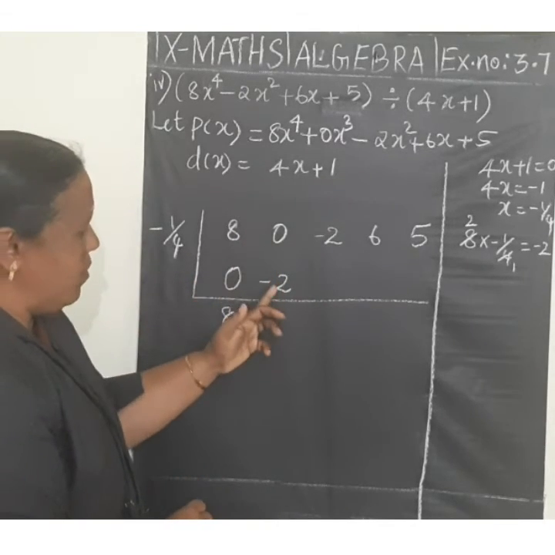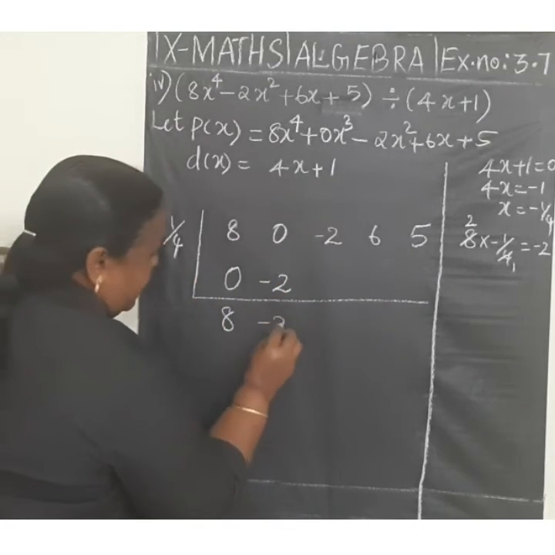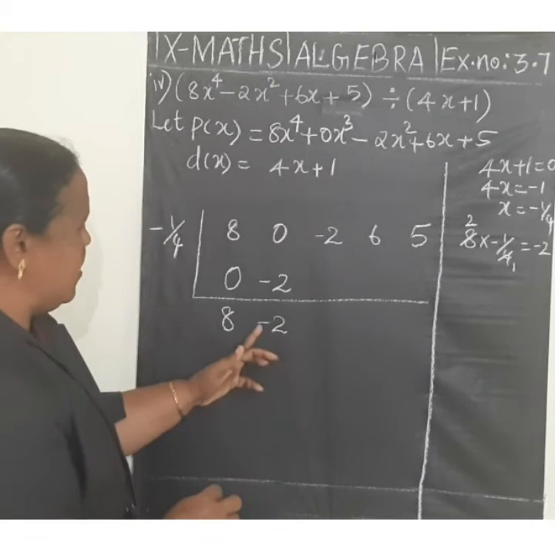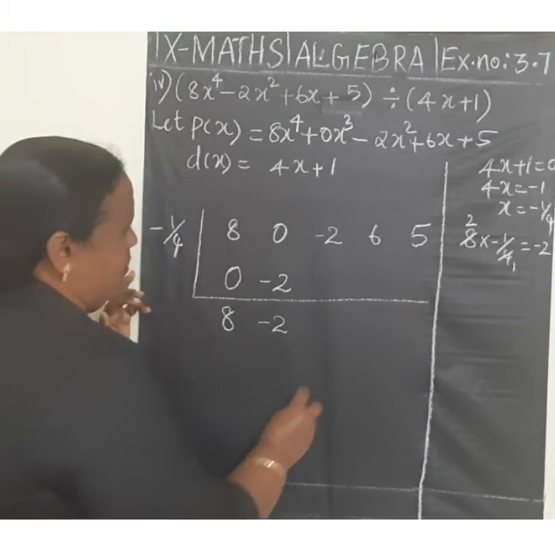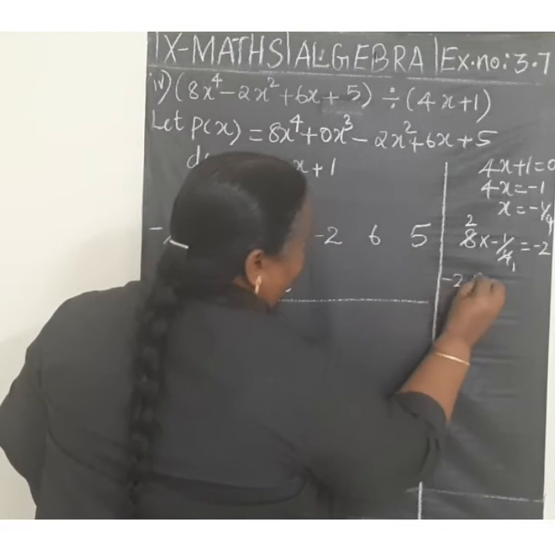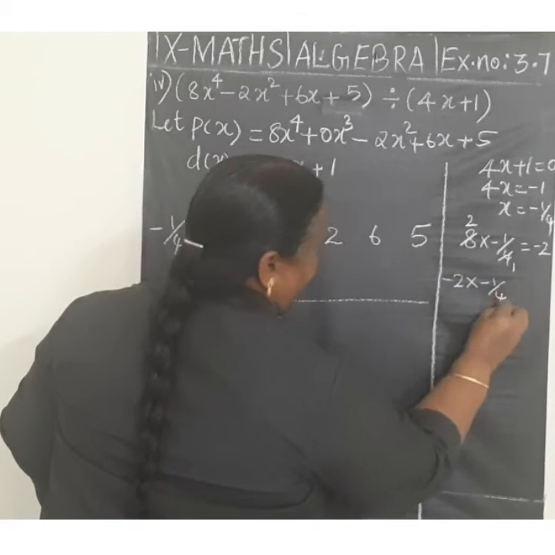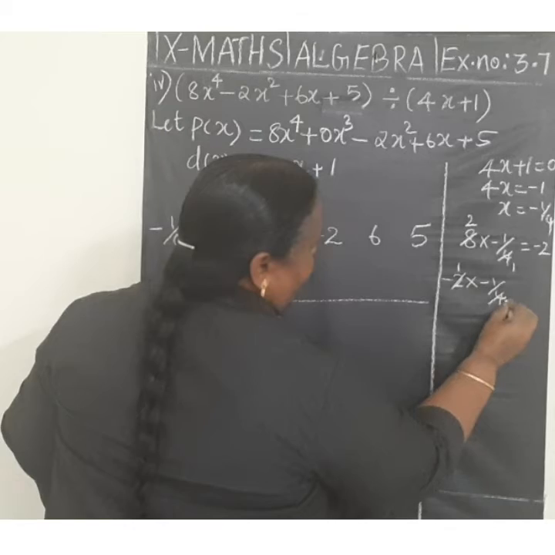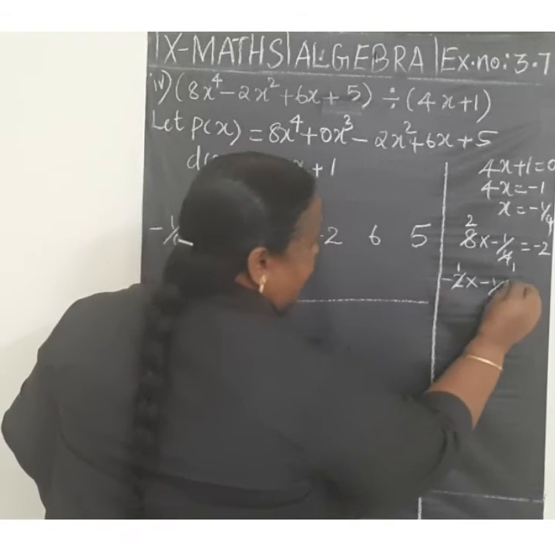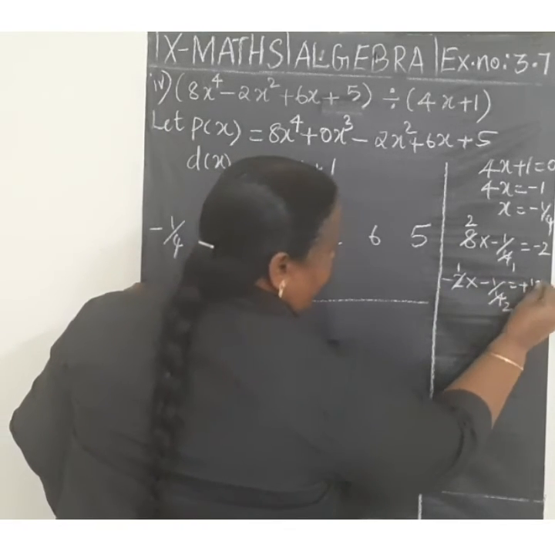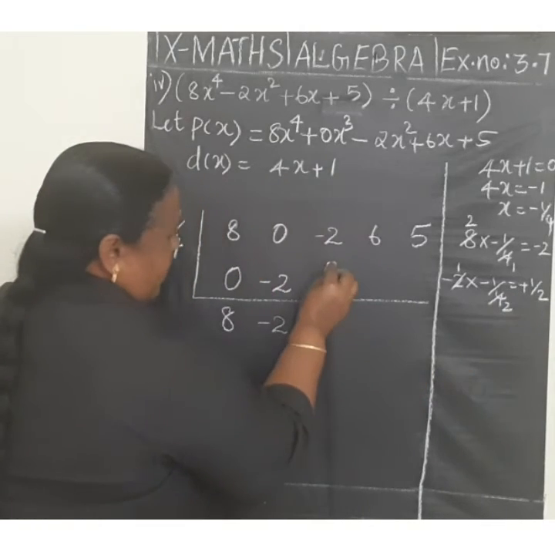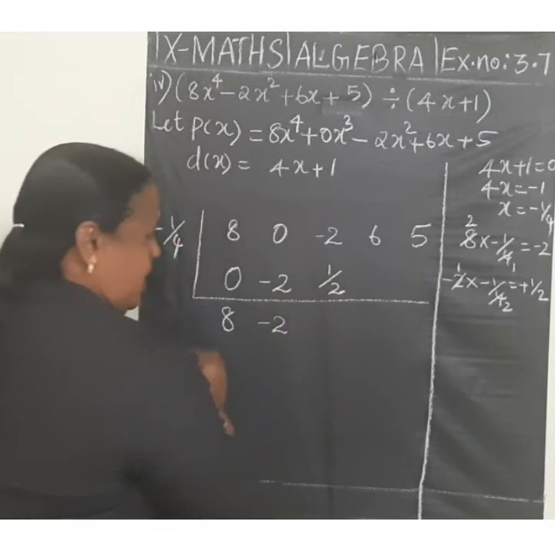Now 0 minus 2 is minus 2. Now we multiply this minus 2 into minus 1 by 4. So minus 2 into minus 1 by 4: 1 2s are 2, 2 2s are 4, and minus into minus is plus, so plus 1 by 2. So here we write plus 1 by 2.